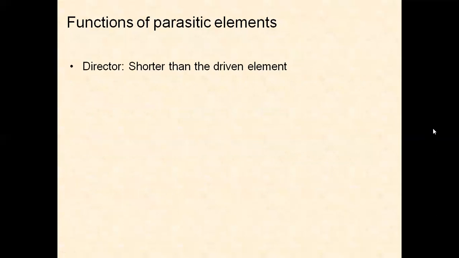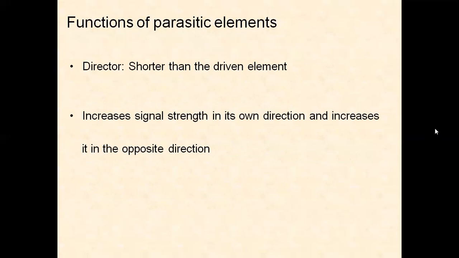Now we have another parasitic element, the most important parasitic element. It is a director. It is shorter than the driven element. The function of the director is just opposite or reverse to that of the reflector.